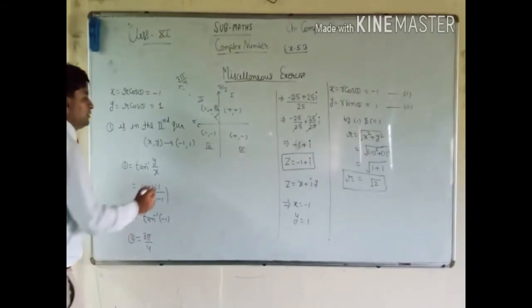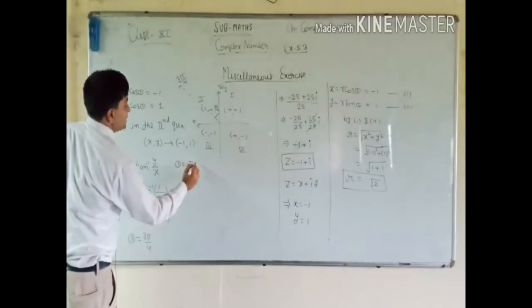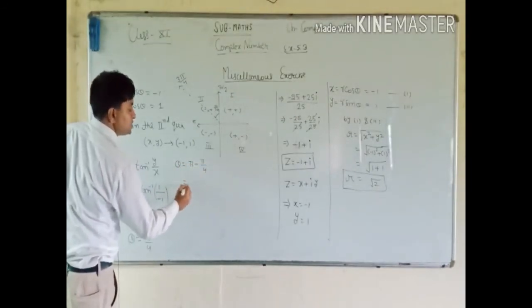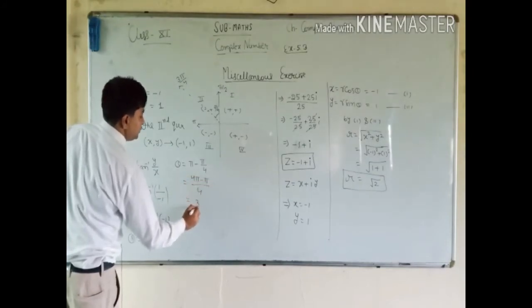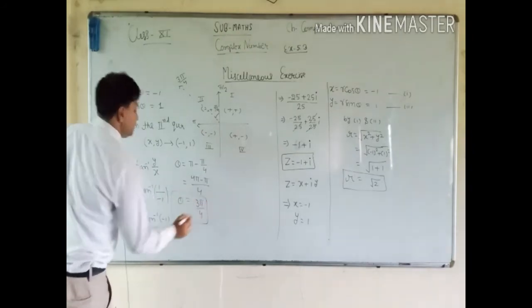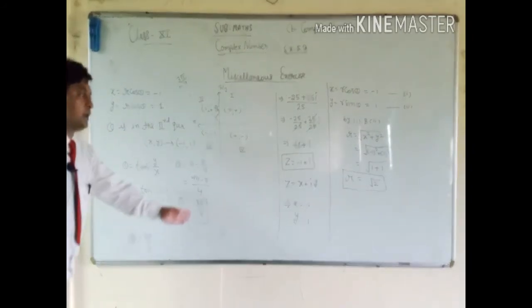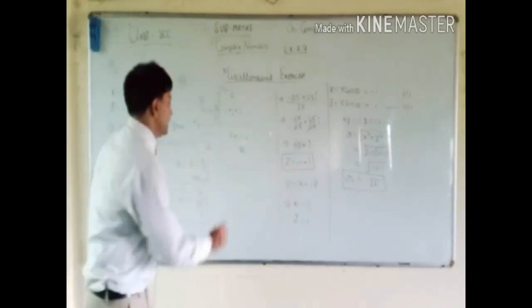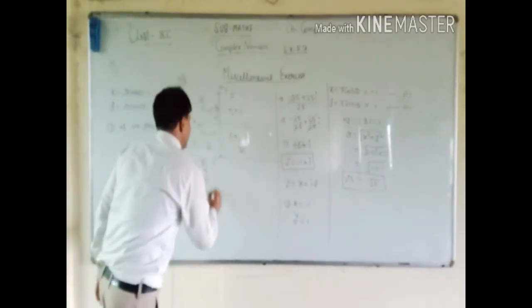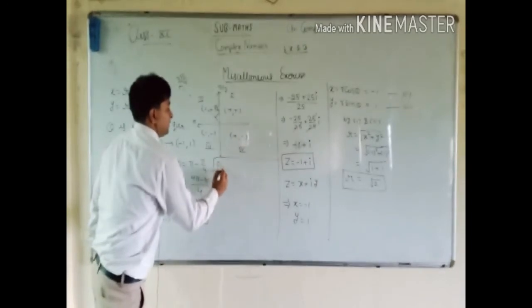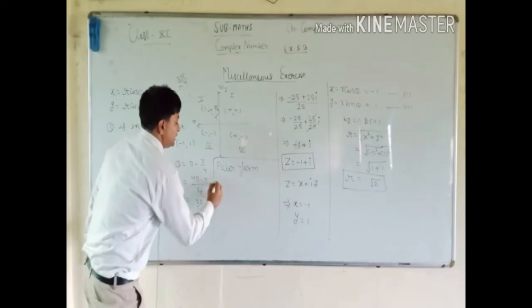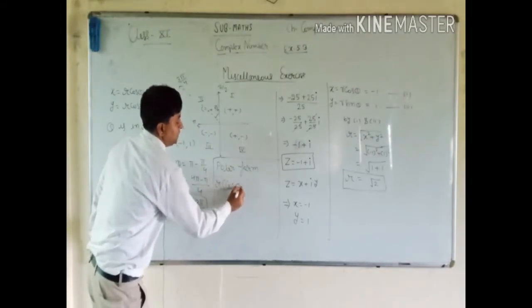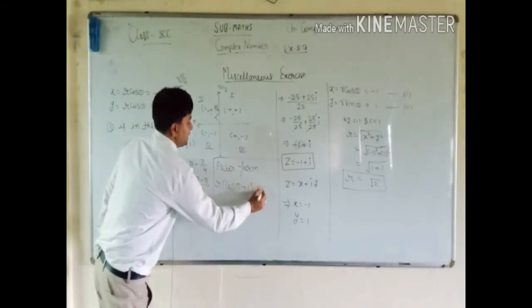Second type is theta equal to pi minus pi by 4, which is always equal to 4 pi minus pi over 4, which is 3 pi by 4. So theta is equal to 3 pi by 4 and r equal to root 2, and we know that the polar form is r cos theta plus iota sin theta.